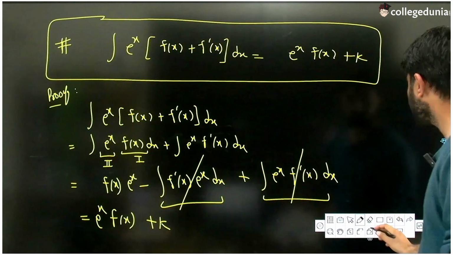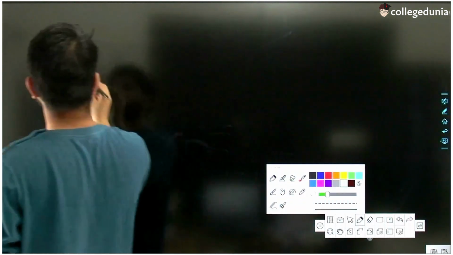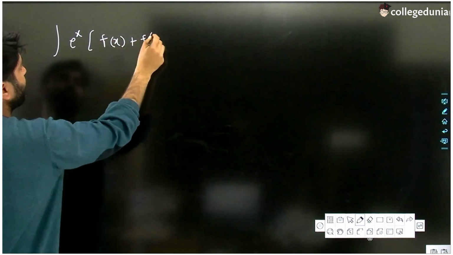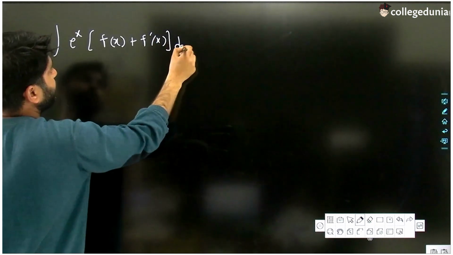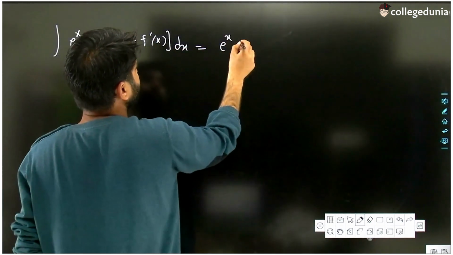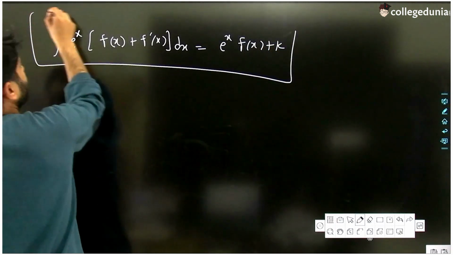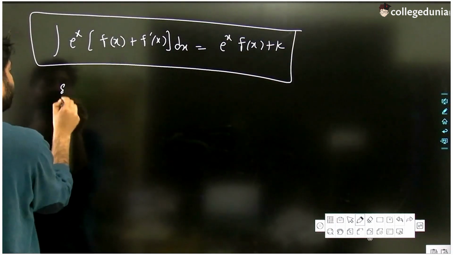So according to this formula, whenever we have e^x in multiplication with f(x) plus f dash x, we can directly write the integration e^x f(x) plus k, right? So let's take some examples.